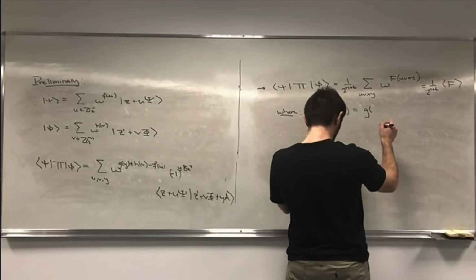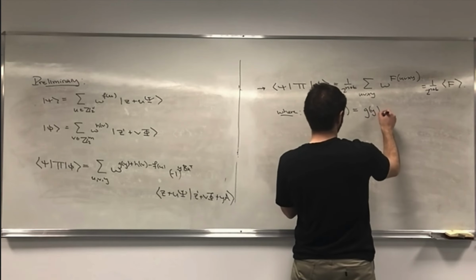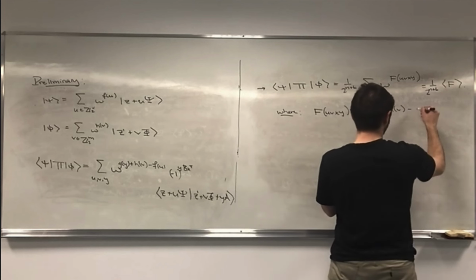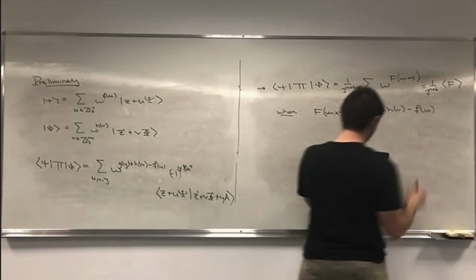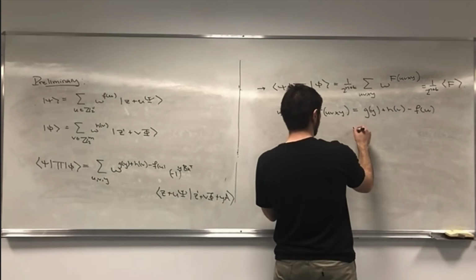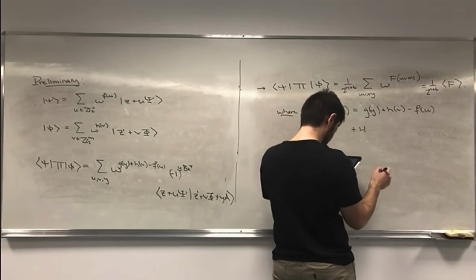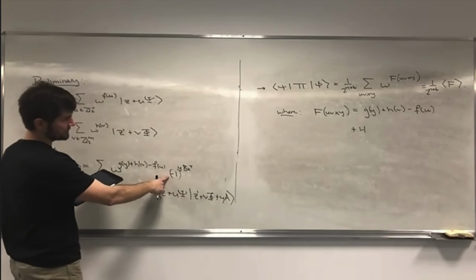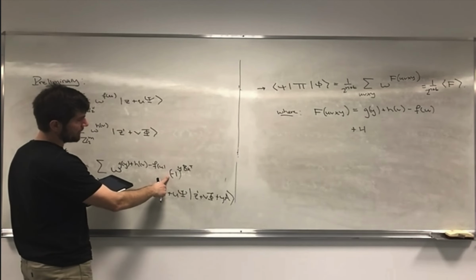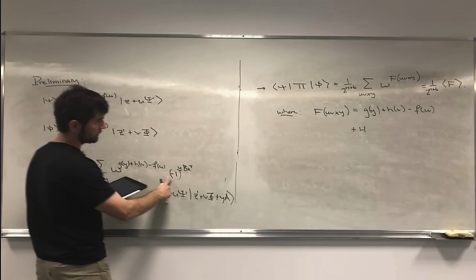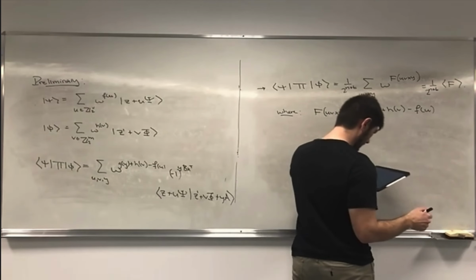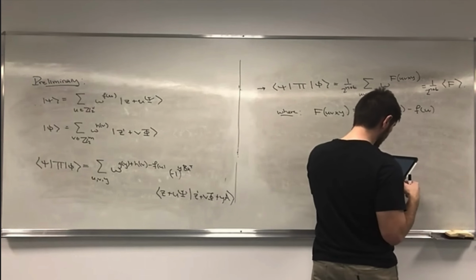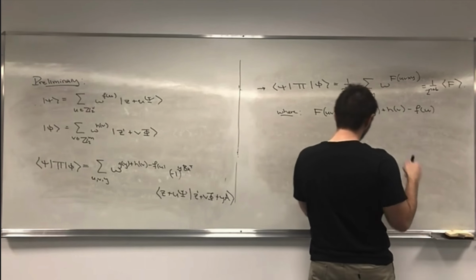G of y plus h of v minus, some of this I already wrote down, f of u plus 4 times, where's the 4 coming from? Yes, when I have this minus 1 here, minus 1 is omega to the 4th. So I have 4 times whatever was coming next to these terms.